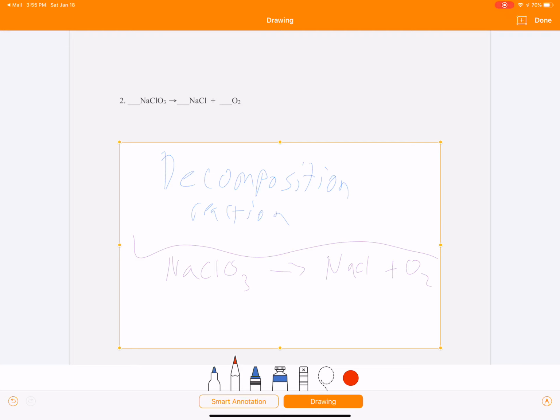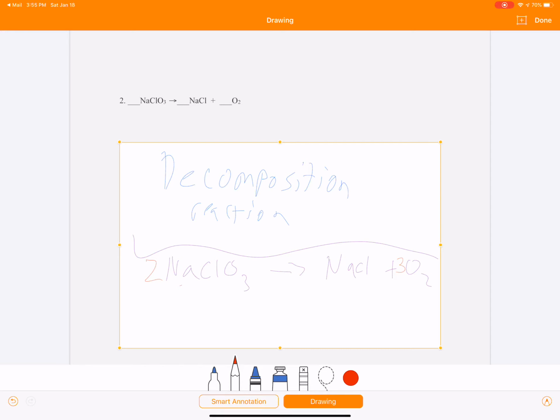But I could by putting a 3 there, because I can make it 6 by multiplying it by 2. I cannot make it a 3. I can't make 2 into a 3, but I can make it 6 because that's our common factor there. So now I have 6O here, but still I have 3 here. So I need to put a 2 in front of there because 3 times 2 is 6.